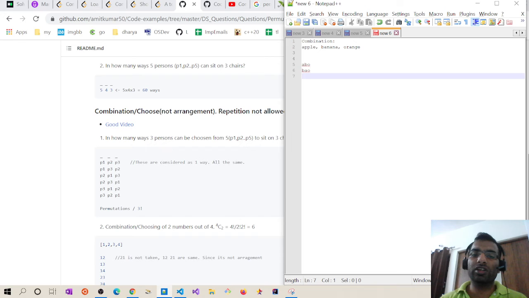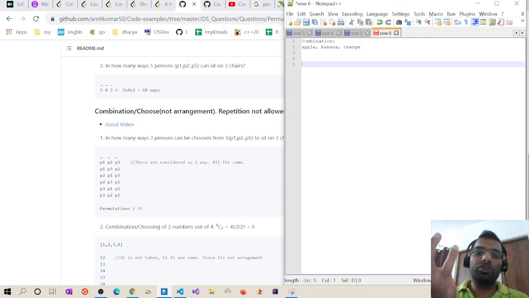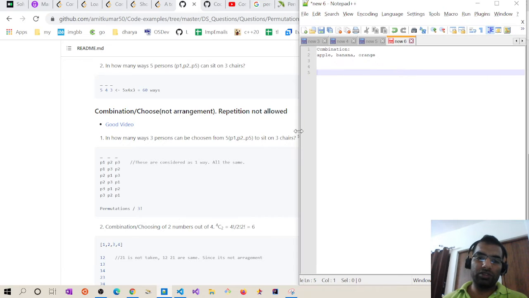But it's not the arrangement, it's choosing. So if we have three fruits, we can choose all three fruits at a time in only one way. Either we can pick apple first, then banana, then orange, or we can pick orange first, then banana and apple. In the end, we will have only three fruits in our hand, and that's the way combination works.